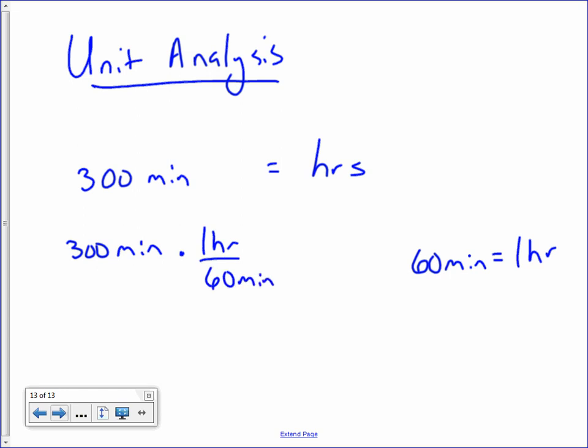Now labels are just like fractions. If I was working with 2/3 times 3 over 4, I know that my 3's would cancel out diagonally. The same way, the minutes would cancel out diagonally. So what I'm left with is 300 hours over 60.